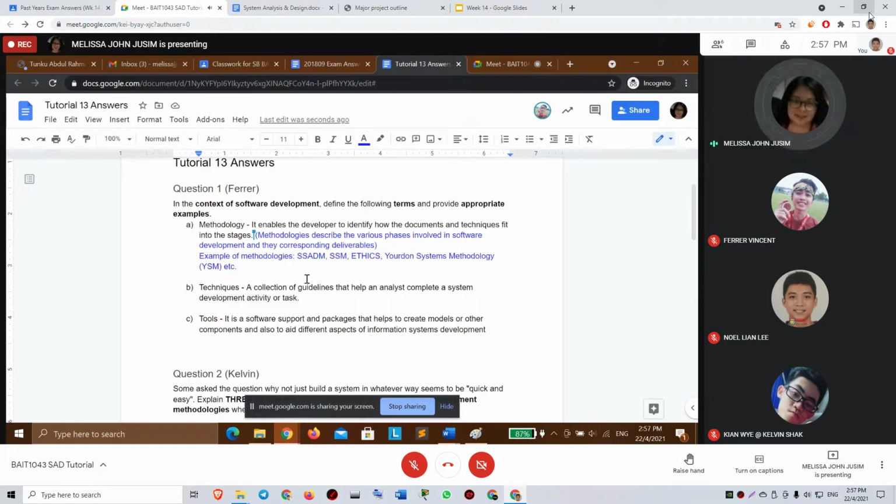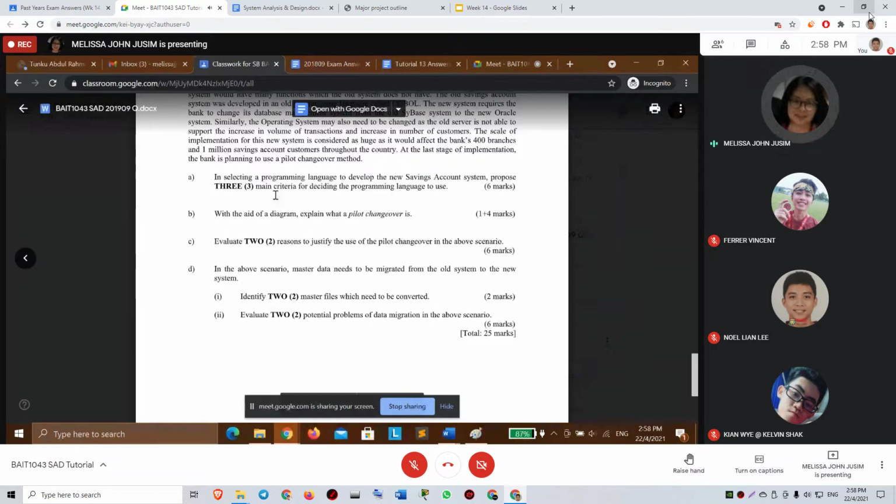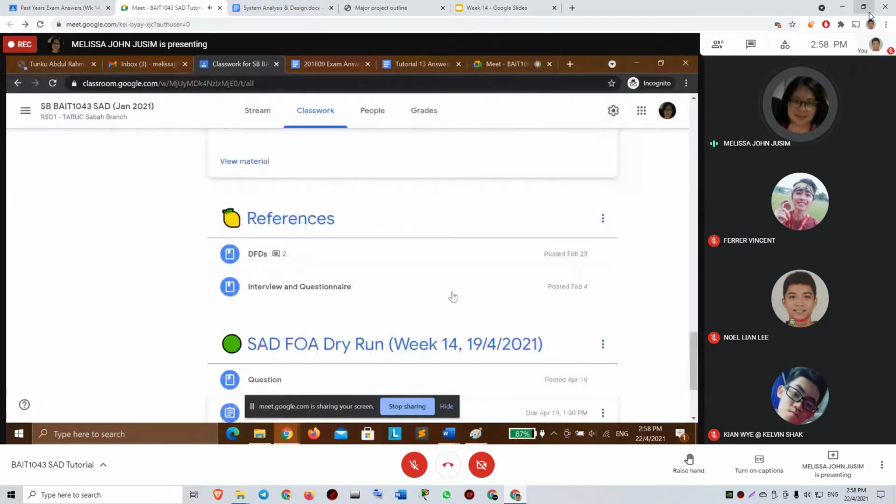Okay, and then if you refer to the others like SSADM, it focuses on 3 main phases, which is the feasibility study, system analysis, and also the system design. So that's why the name is structured system analysis and design methodology. And then one more, RAD, we have 4 phases, but 2 phases are run in parallel.